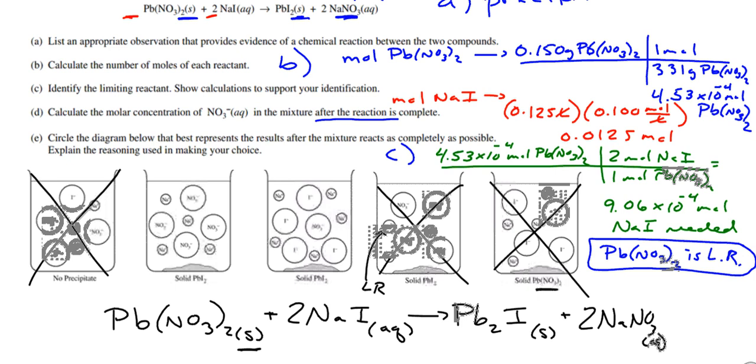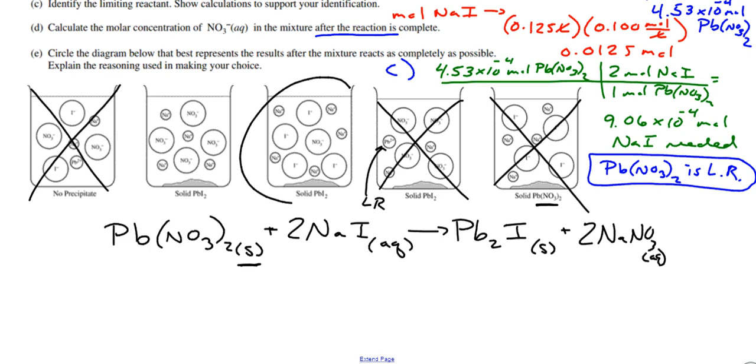And how much NaI do we have? We have it in red. We have quite a bit more NaI, correct? So because there's so much more NaI, the Pb is going to react with all the I, but the difference between these still results in I still being present. So if you chose this one, you are correct.